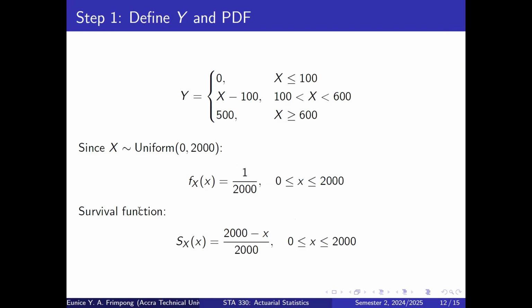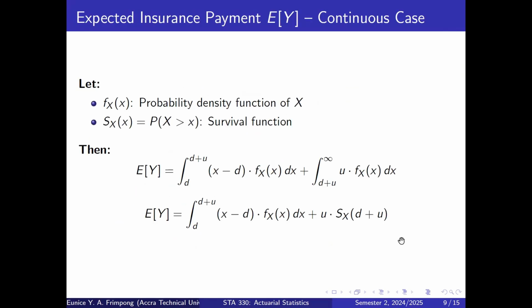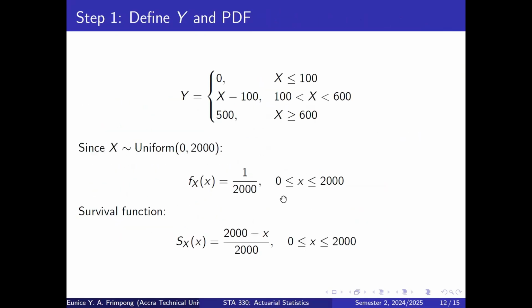Because we are using the compact form as represented here, this is a survival function of x, where x is equal to D plus U. So per the survival function, in the case where x is uniformly distributed, S of x is equal to B minus x over B minus A. So we have 2,000 minus x over 2,000, where x runs from 0 to 2,000.